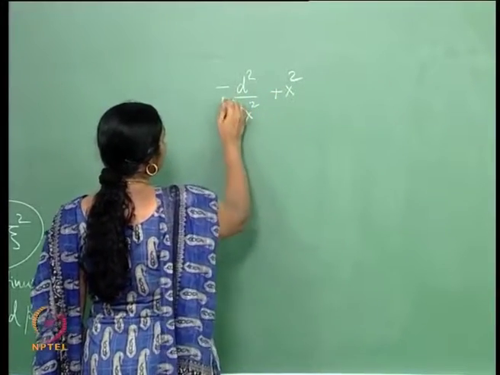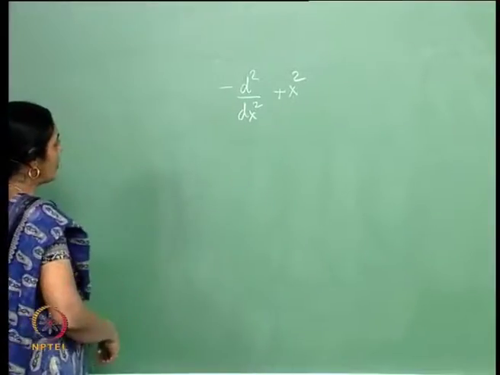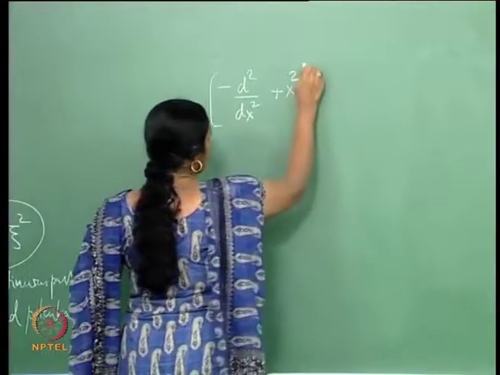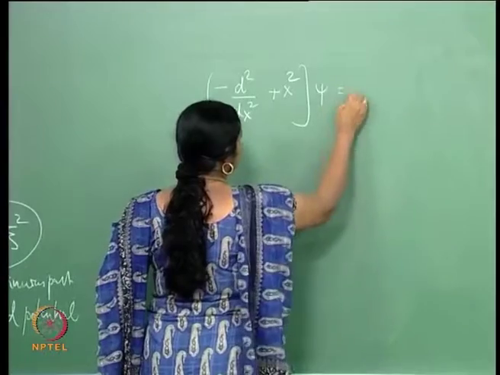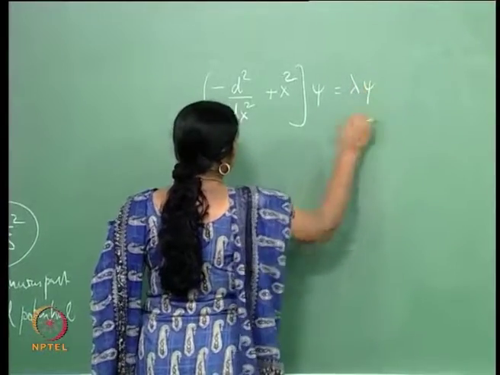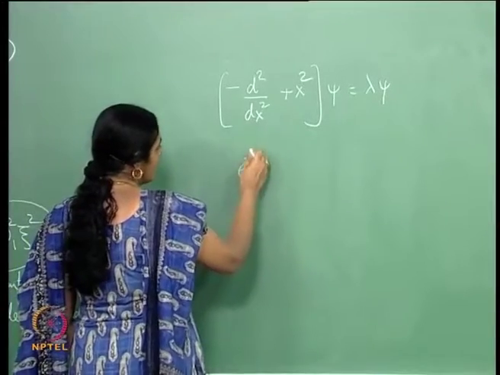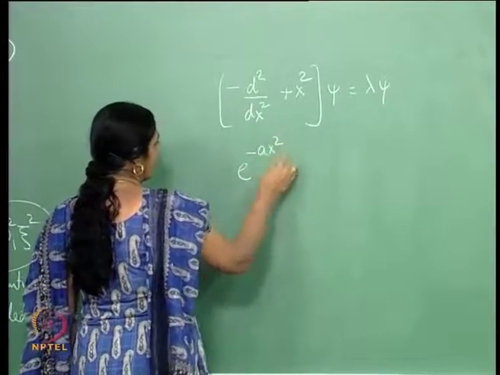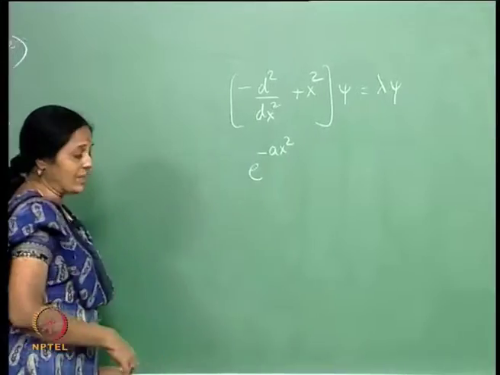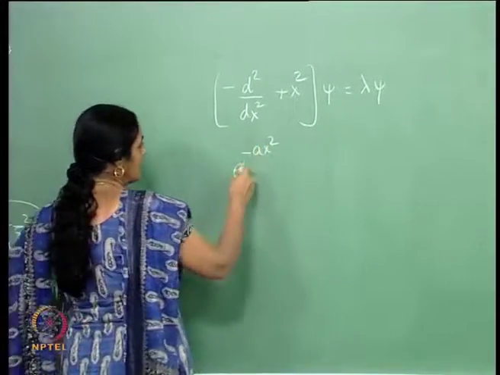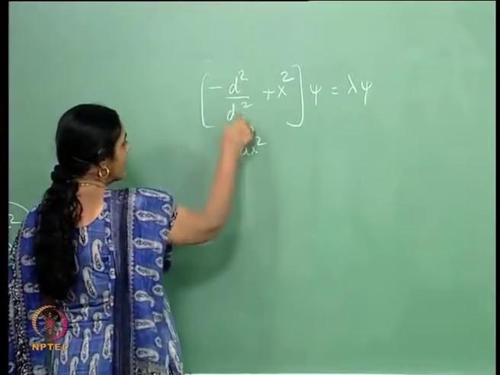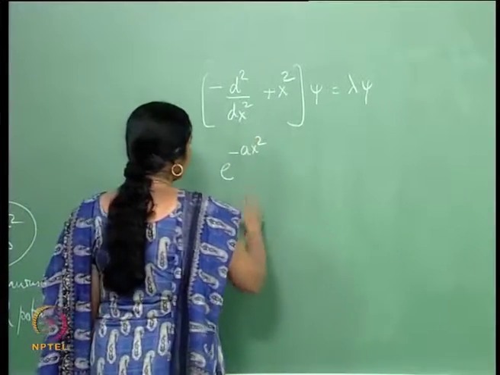But then you see, let me just do this problem. I want to look for an eigenstate psi of this Hamiltonian. I start with e to the minus a x squared. I am not normalizing it, but suppose I started with this because that is a twice differential that is going to come out.